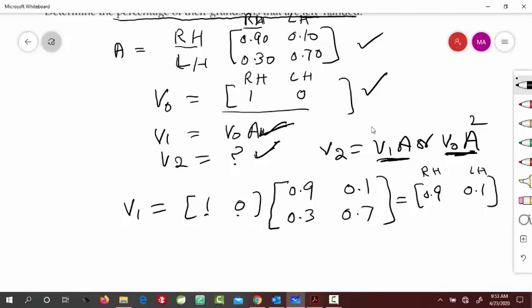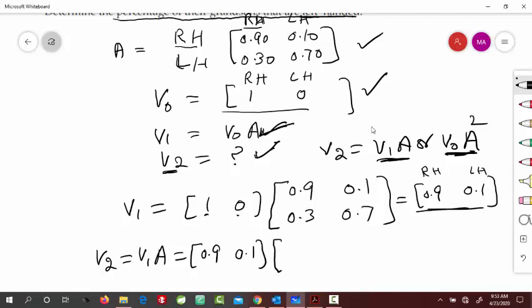But we have to find for the grandsons, for V2. So similarly, V2 would be V1 times A, and V1 is this part here: 0.9, 0.1, multiplied with matrix A, 0.9, 0.1, 0.3, 0.7.